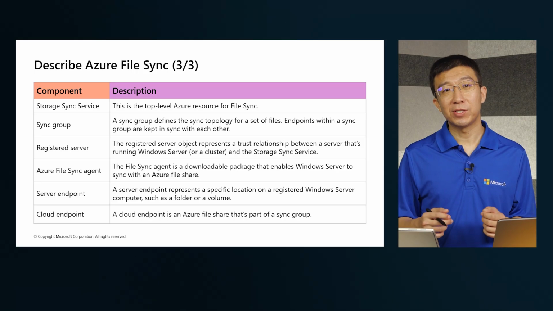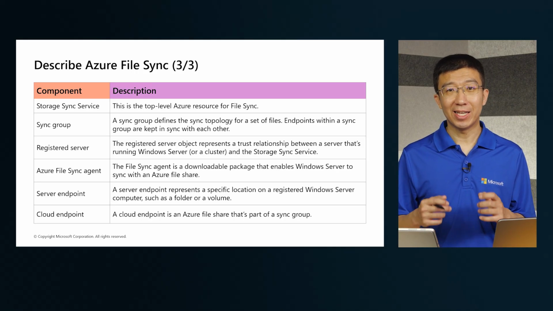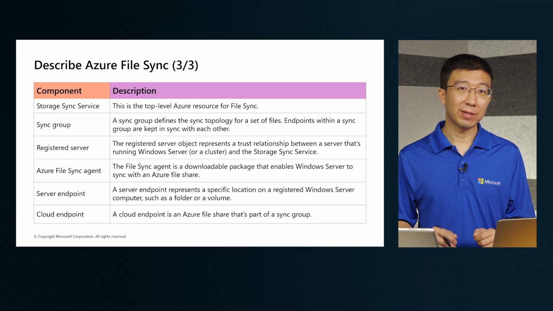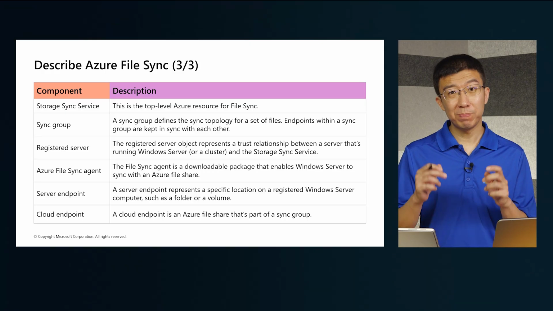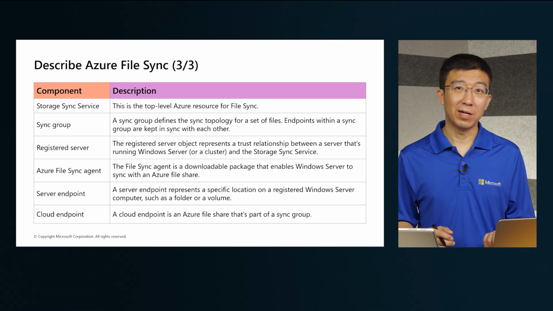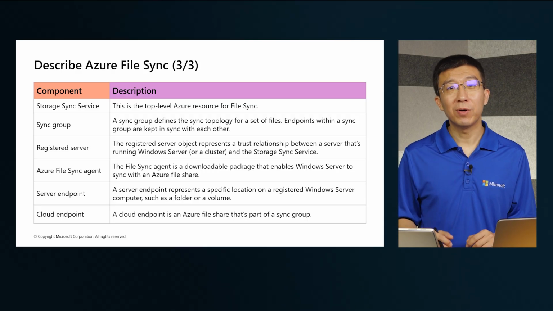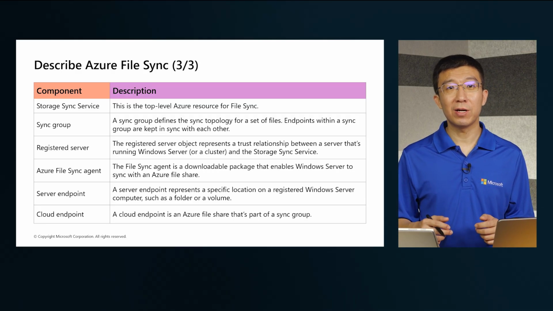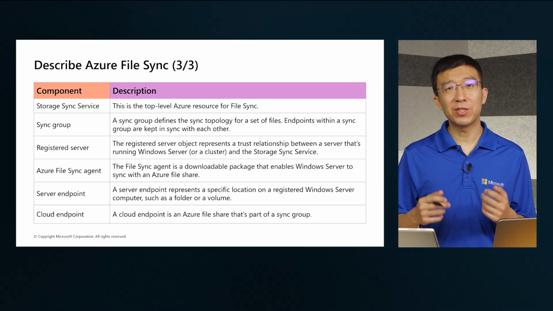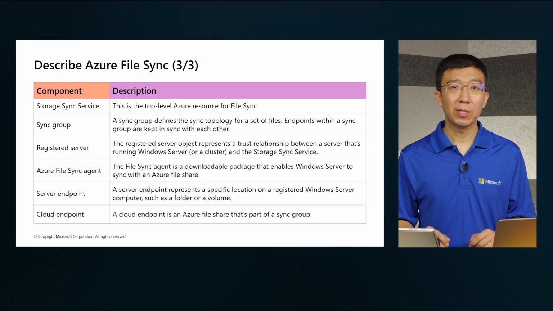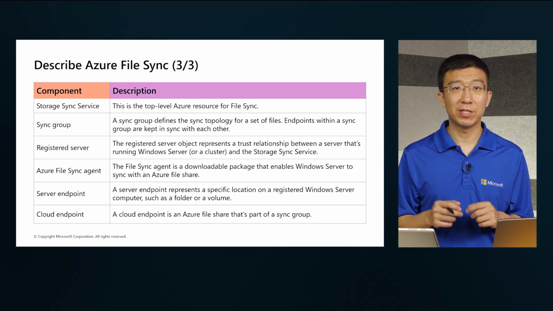Azure File Sync Agent, the downloadable package that enables syncing. Server Endpoint, a specific folder or volume on your Windows server. And last, Cloud Endpoint, an Azure file share that's part of a sync group. Understanding these components helps you design and manage your hybrid file sync topology.